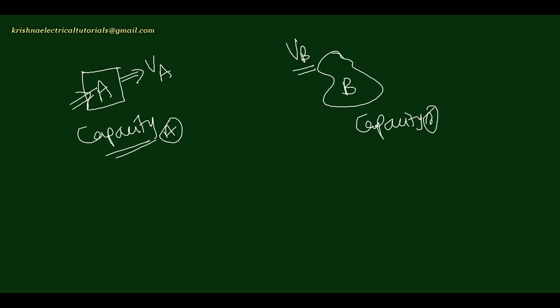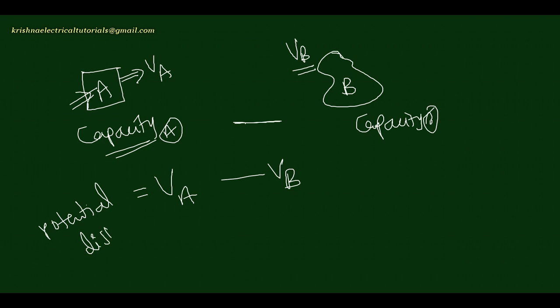So the difference in these two capacities is the potential difference between those two bodies, which can be represented as VAB.